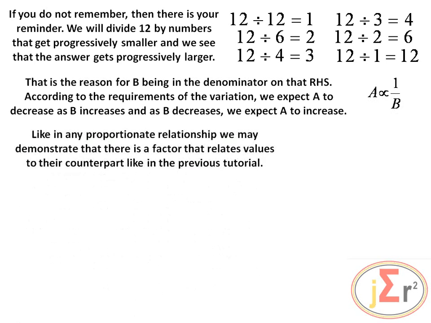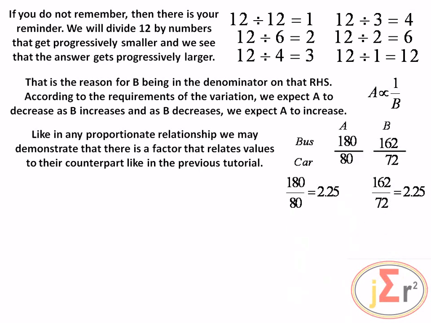Like in any proportionate relationship, we may demonstrate that there is a factor that relates values to their counterpart, like in the previous tutorials. And I am sure that being reminded of the previous tutorial, this is the particular situation that we had to work with, in which we were comparing the times that it took a bus and also a car in completing 2 different journeys.